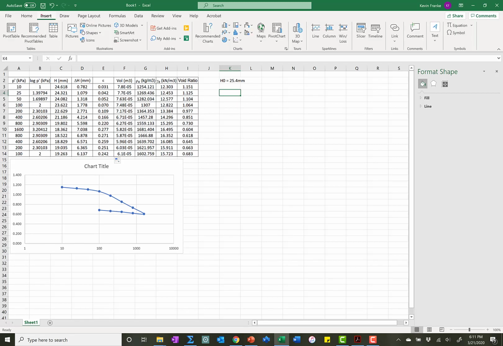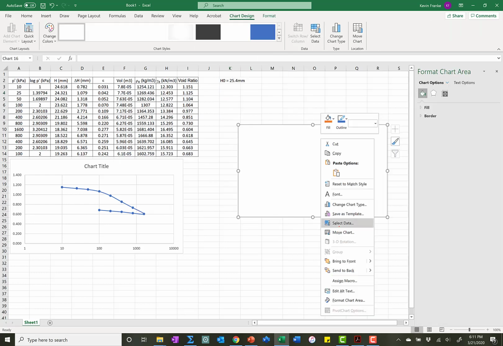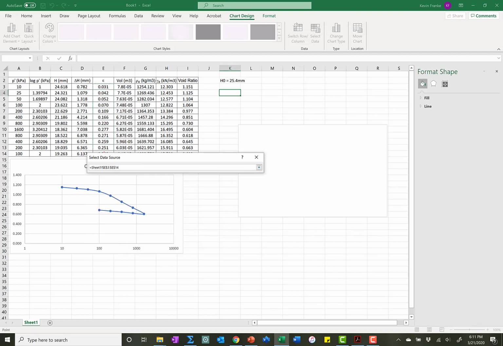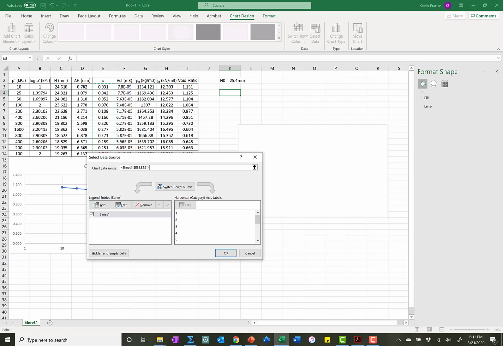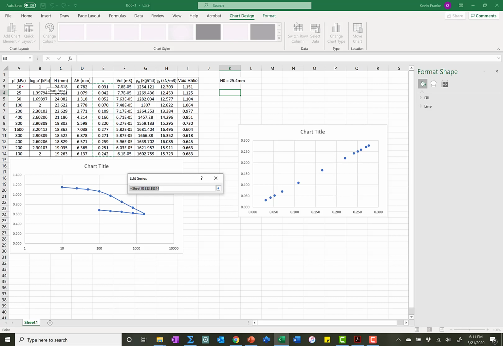Let's add a new plot, and we're going to make it a scatter plot. Let's select the data, and on the x-axis we want strain, which I know seems backwards to you, but just trust me. Whoops, nope, I did that wrong. X-axis, I want strain, and on the y-axis, I want mean stress.